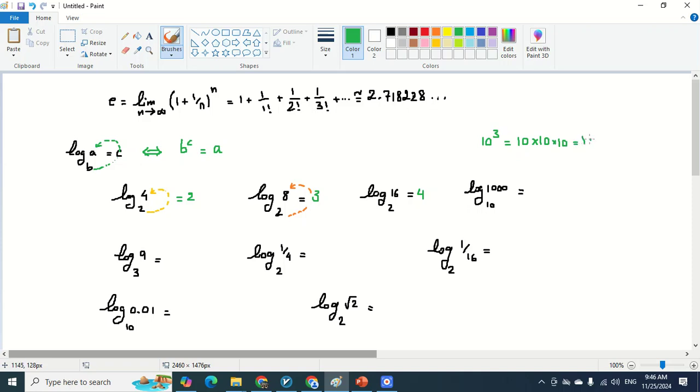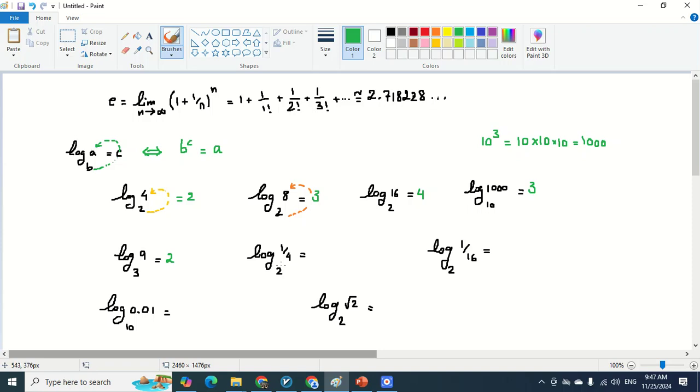So log of 1000 in a base 10 is equal to 3. For log of 9 in a base 3, we have a value of 2, because 3 squared is equal to 9.